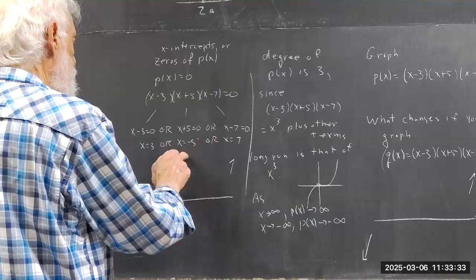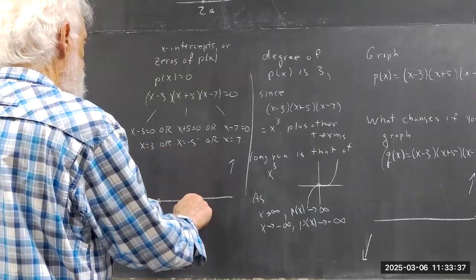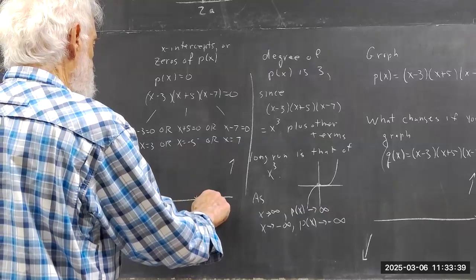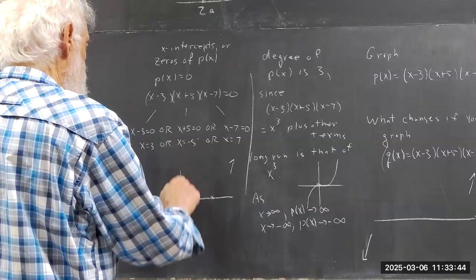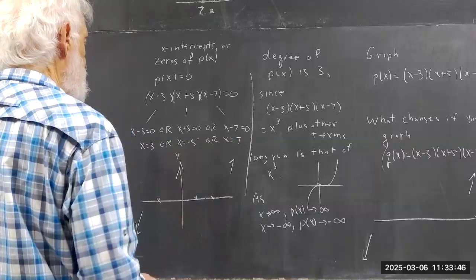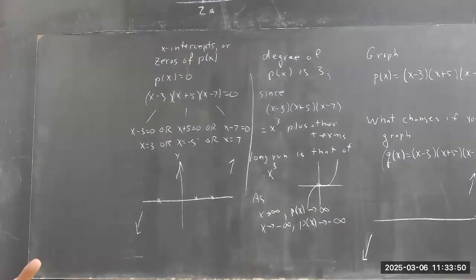We have negative 5, 3, and 7. So negative 5 might be there, 3 might be here, 7 might be here. The y-axis might be here. That makes sense so far? Because that's pretty much what everybody did.